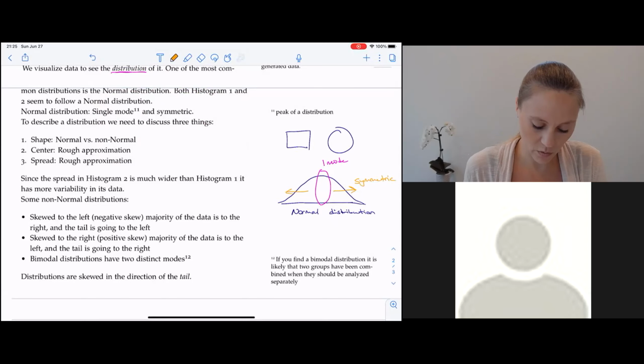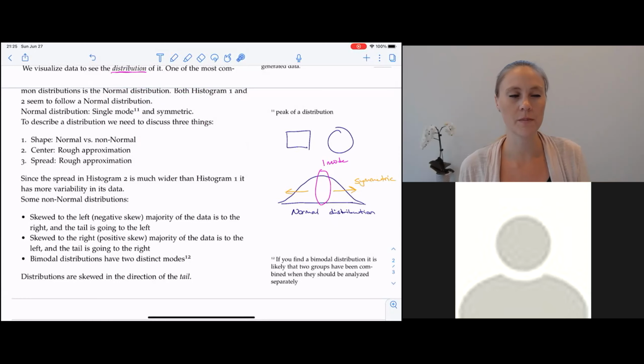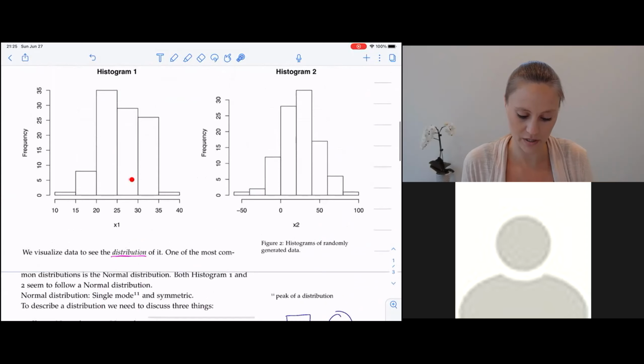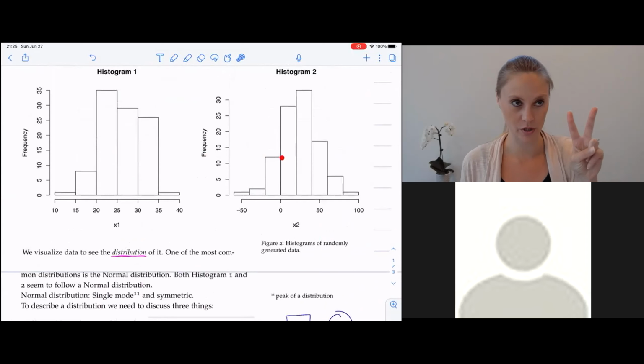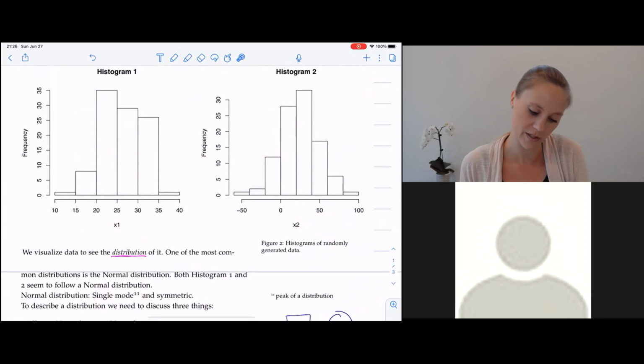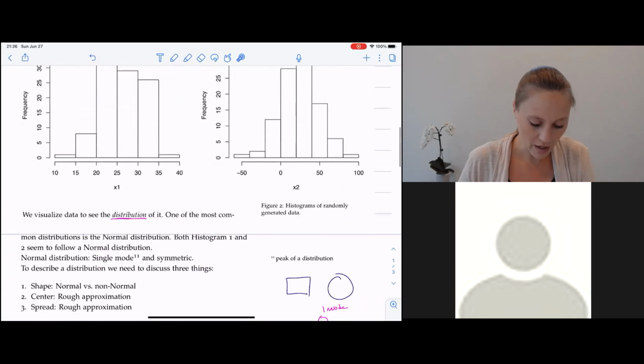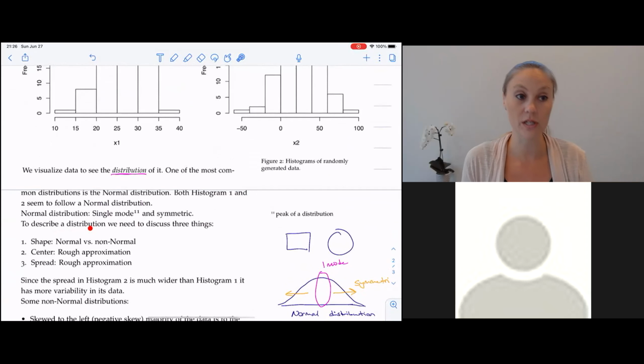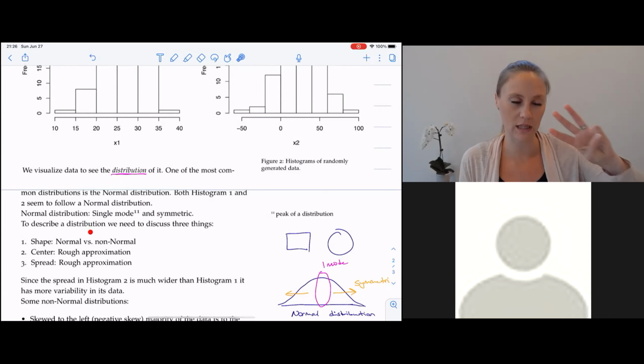So when we have any distribution, such as these histograms here, right? Now we have two distributions, histogram 1, histogram 2, or the distribution of x1 or the distribution of x2 if you prefer, but I'll just call them histogram 1 and histogram 2. When you are describing a distribution, to fully describe a distribution, you have to talk about three things.